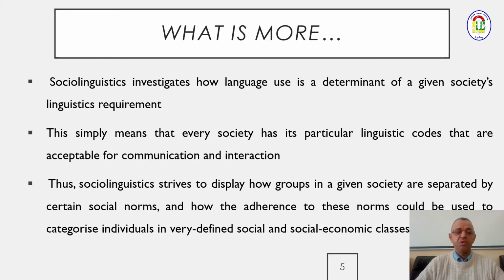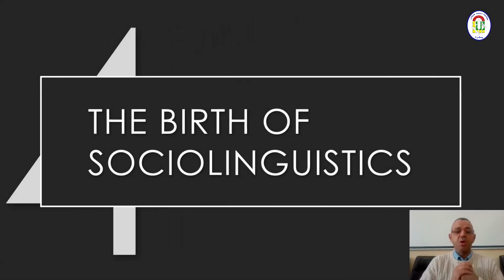Thus, social linguistics strives to display how groups in a given society are separated by certain social norms and how the adherence to these norms could be used to categorize individuals in very defined social and socio-economic classes. This is all about what social linguistics is.